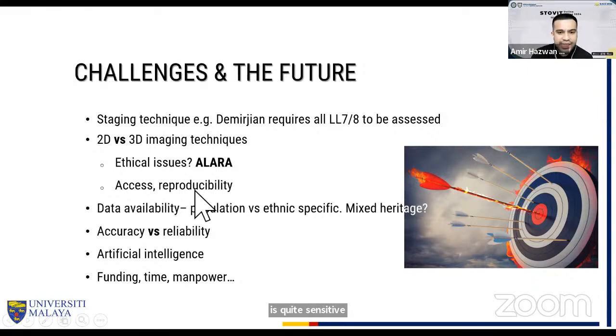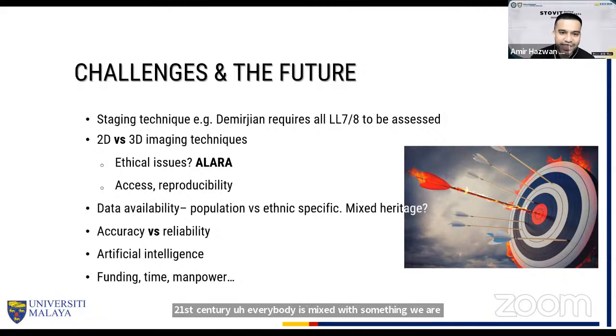And these days, I think even in Western countries, they prefer to use population instead of ethnic specific data. It's the 21st century. Everybody is mixed with something. We are never pure, because it's been thousands of years of mixture.